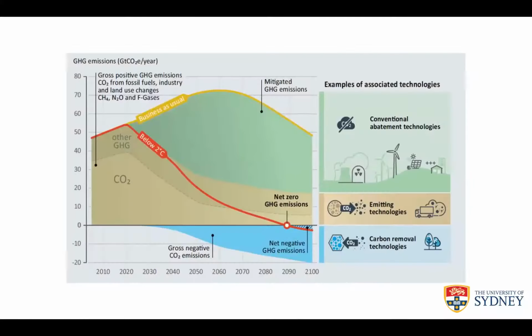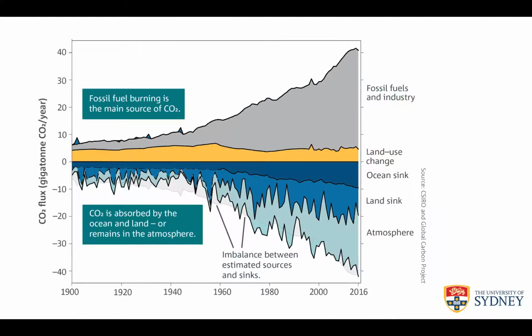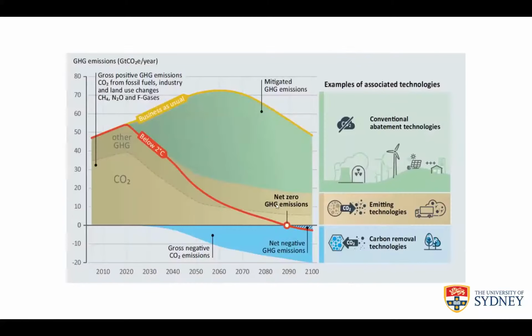So if you go back here, this is the historical period from 1900 to 2016. We have seen an increase in fossil fuel and an increase in land use change that causes an increase of CO2 flux. If we project it to the future, we can see that if we keep going, the CO2 concentration will keep increasing, right?